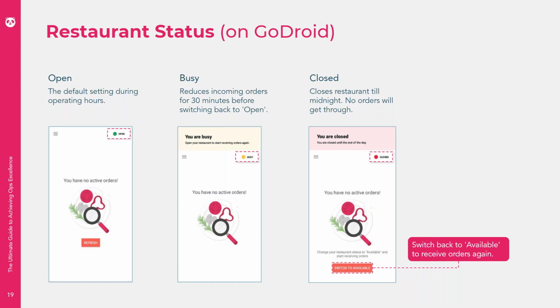Now, if you set your status to busy, it helps you to reduce the incoming orders for 30 minutes before switching back to open. When you set your status to busy, your restaurant listing will appear in the middle or at the bottom of the restaurant listings in the foodpanda app and website. Do toggle between them for greater control over incoming order flow.